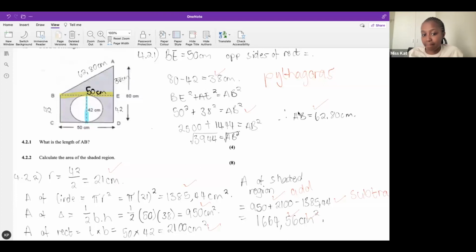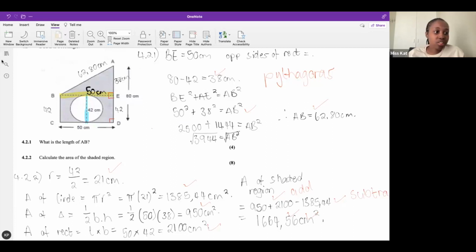Like, ma'am, like two angles are equal. We know that all the angles of a rectangle are 90 degrees, right? So if this side is 90 degrees and they're on a straight line, then this side is also 90 degrees. Okay, thank you, ma'am. You're welcome.